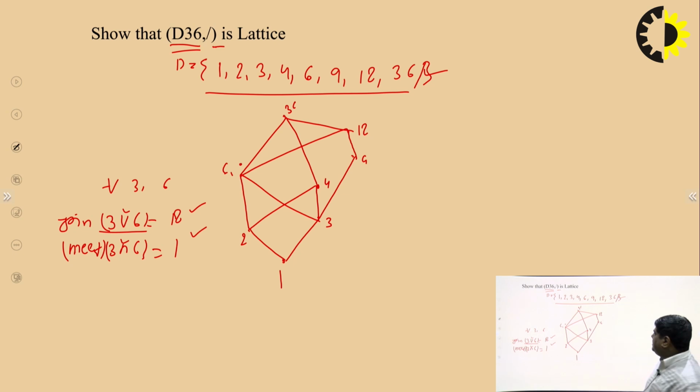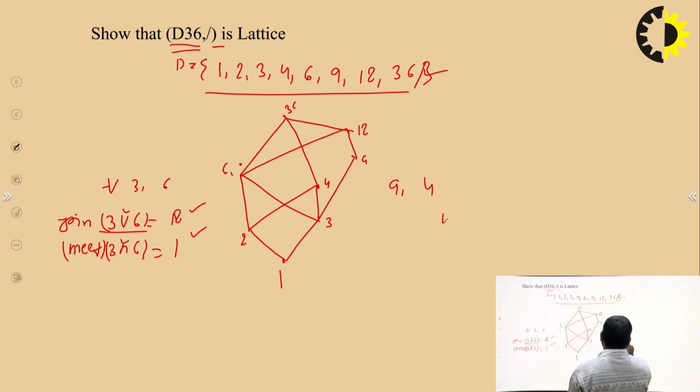We take another pair of elements, for example 9 and 4. We find the join and meet for these 2 random elements. Now, 4 join 9 and 4 meet 9, that is join, and that is meet.